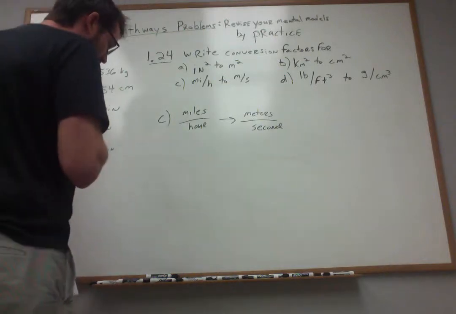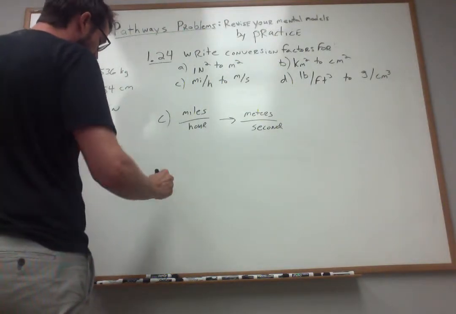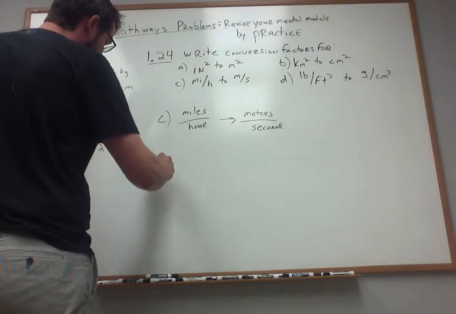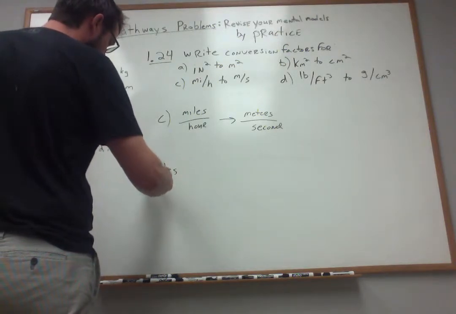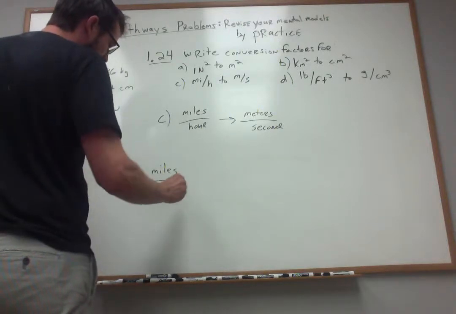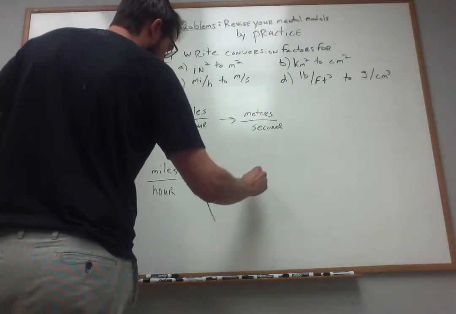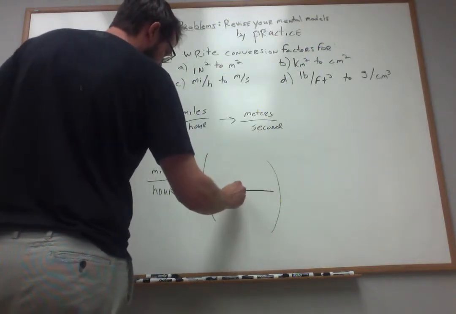Now, there's several different ways that we can go about this practically, okay? But what I'm going to try to do here is to be as consistent as possible with my framework of how I've told you to do this.